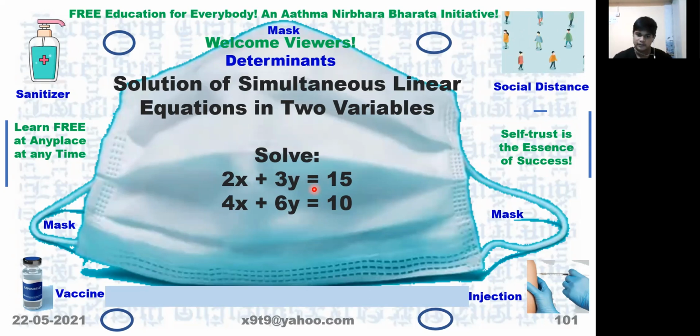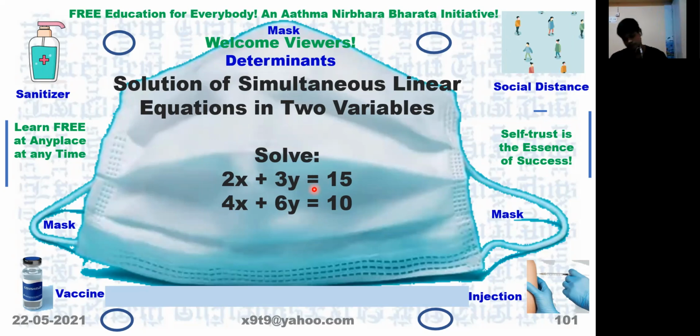See, if the numerator is not 0 and the denominator is 0, then it is called infinity. Numerator is not 0, denominator is 0, that is called infinity.